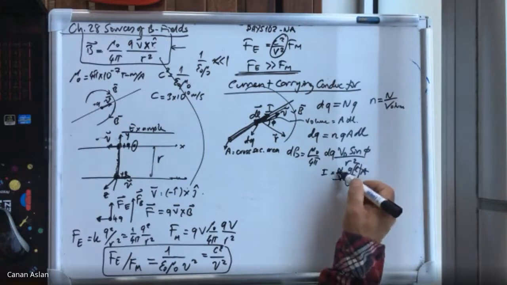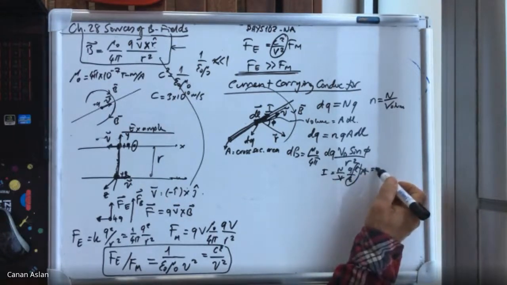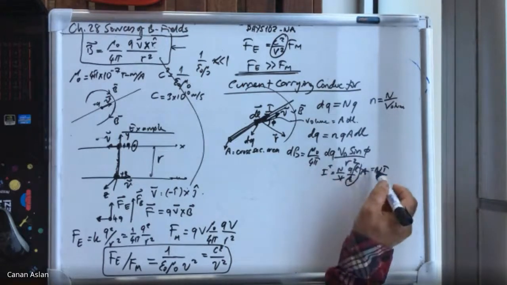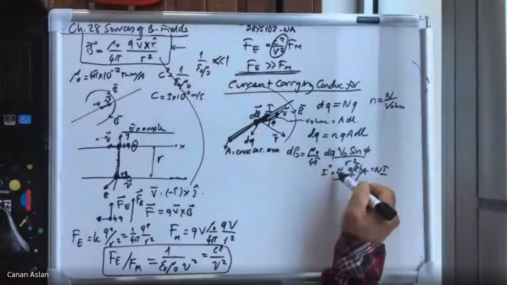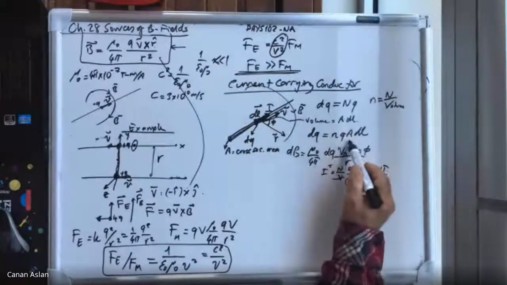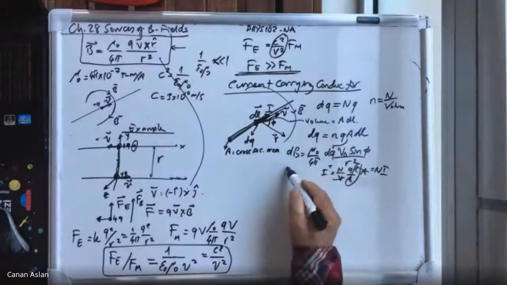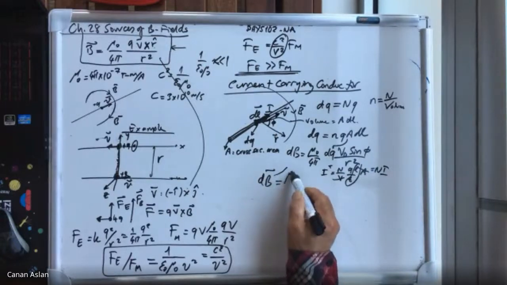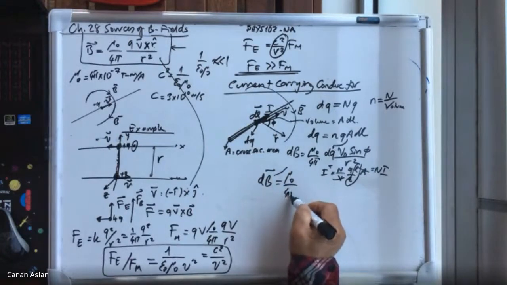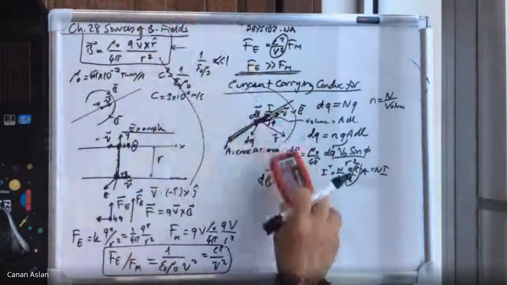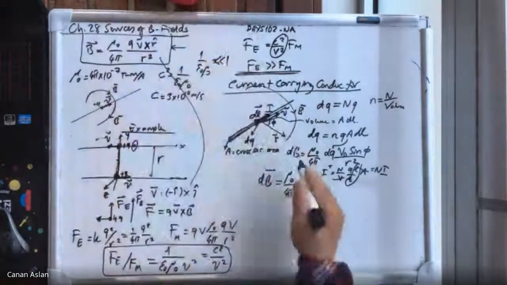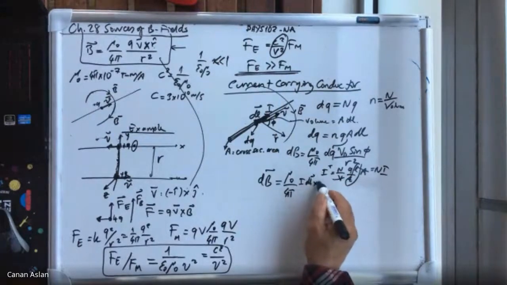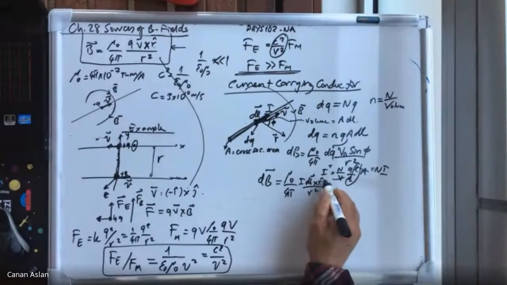Q over t is current, n times current will give you the total current. So basically, putting this into here, we can see that the magnetic field will be simply given as mu 0 over 4 pi times I dl cross r unit vector divided by r squared.